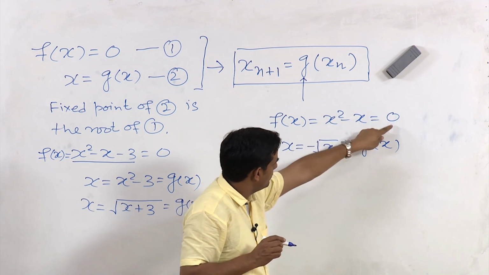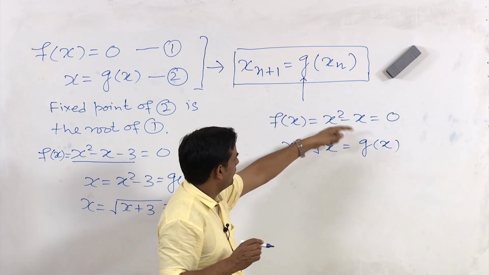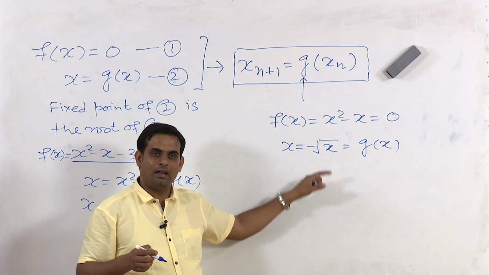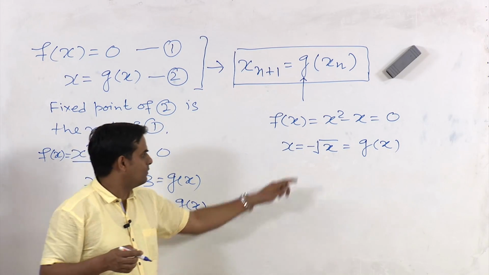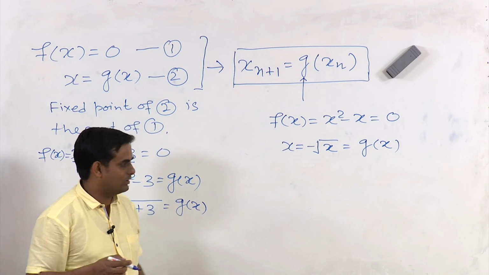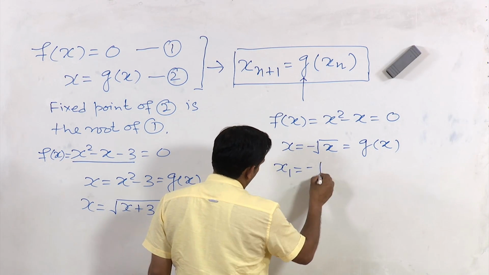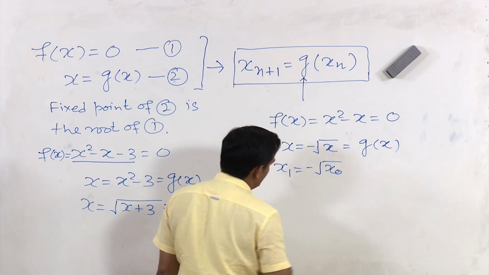I take this x on the right hand side and then I can take the square root on both sides, so it will be plus square root as well as minus square root. Suppose I take this minus square root. Then my x 1 will become minus square root of x naught.